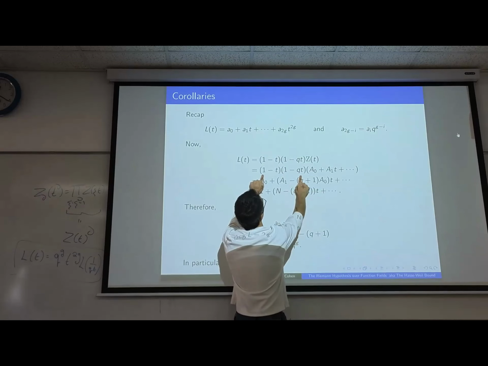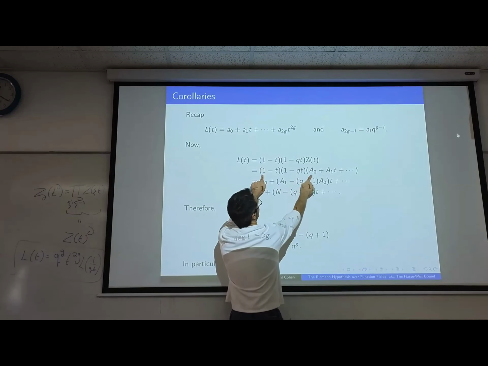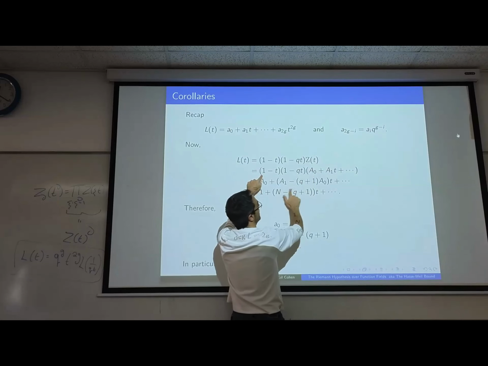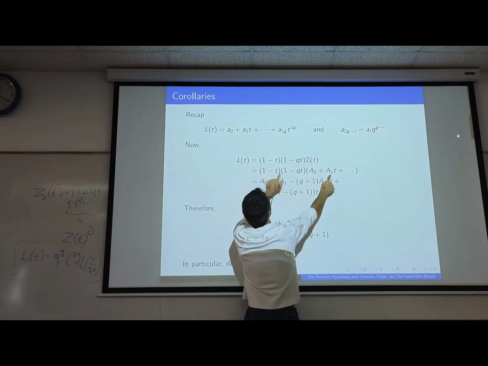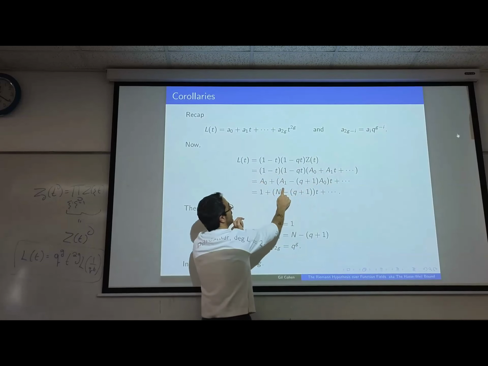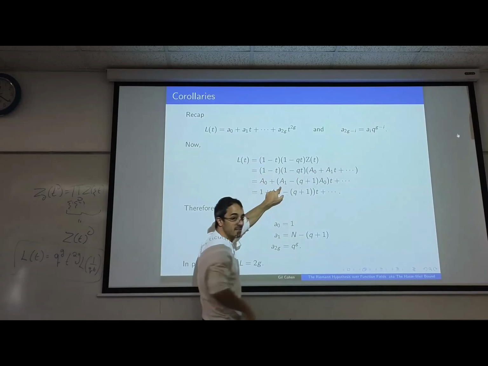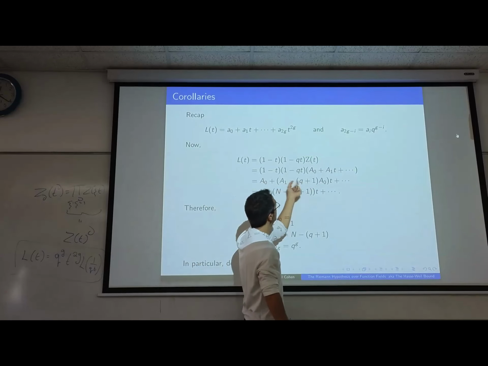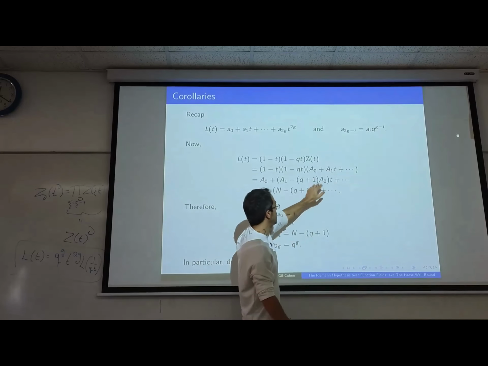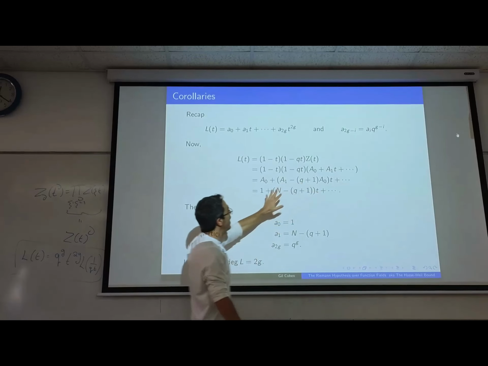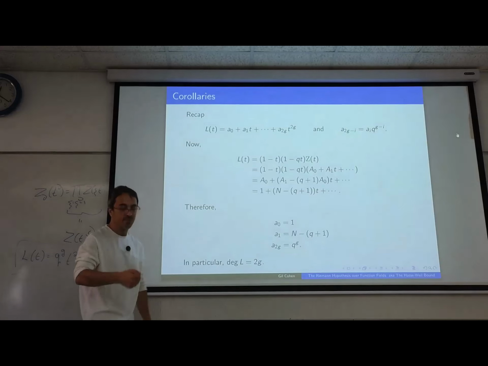So it's minus q A_0. Oh, okay, so there is A_1 coming from these two. And then you can take this one and with the t's here. So it's A_1 minus (q plus 1) A_0, but A_0 is 1. So it's (A_1 minus (q plus 1)) times t.